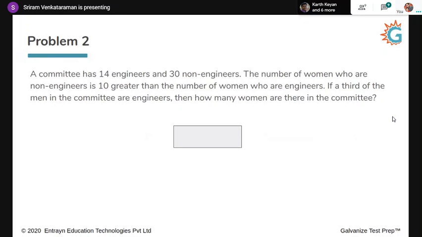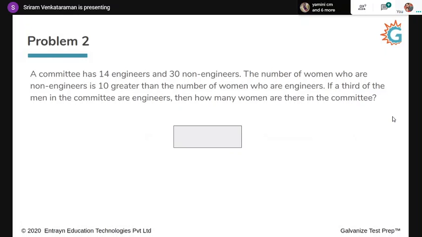I have not chosen a very hard problem to demonstrate this. I just wanted to take something simple, but I want to show how you can use these steps effectively to get to the answer correctly. Now let's read the question once, and we will dive right into solving the problem.